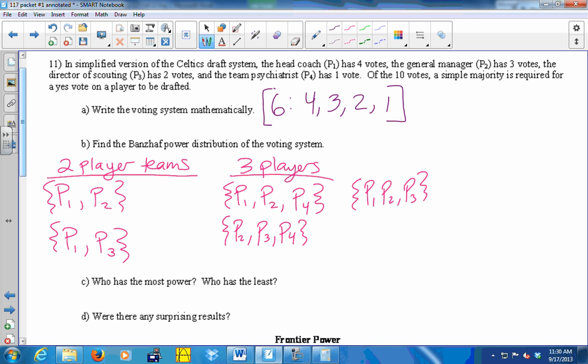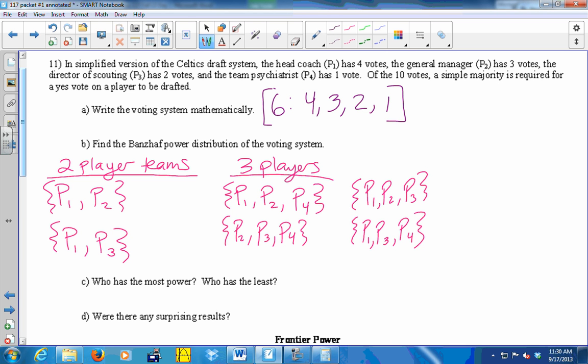So the 4, the 3, and the 2. So we have 1, 2, 3, 1, 2, 4, 2, 3, 4. Are there any other 3-player combos that would work? 1, 3, 4. Yeah. Is that it? I think that's it. Those are all the 3 players.